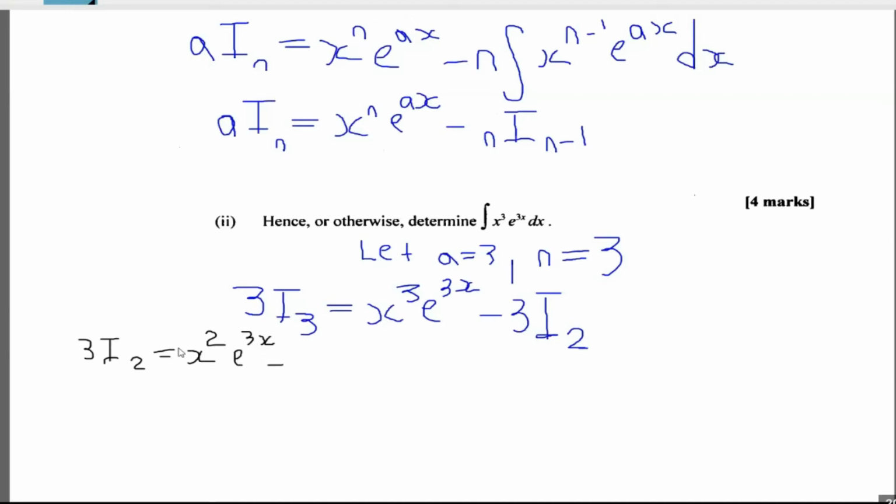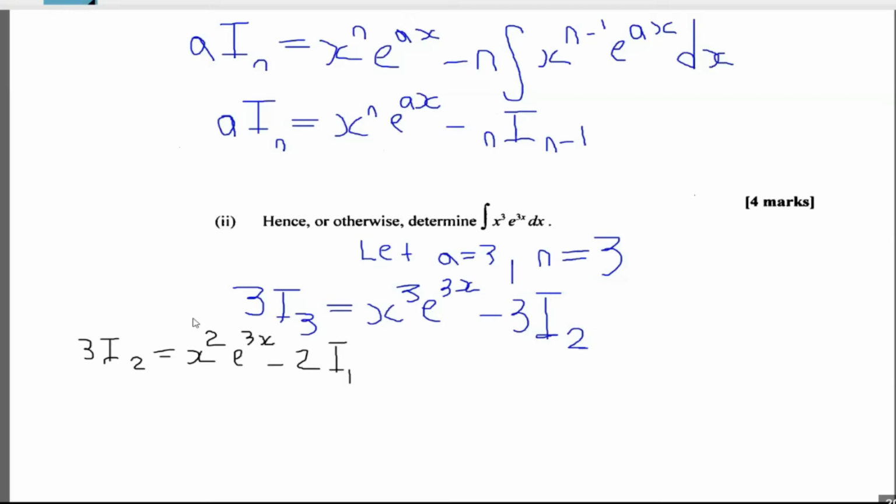You're wondering why I wrote it so far over? Because I'm going to substitute this right here. So I2 is equal to x squared e to the 3x minus n, in this case 2, times I(2 minus 1). 2 minus 1 is 1. Nice.